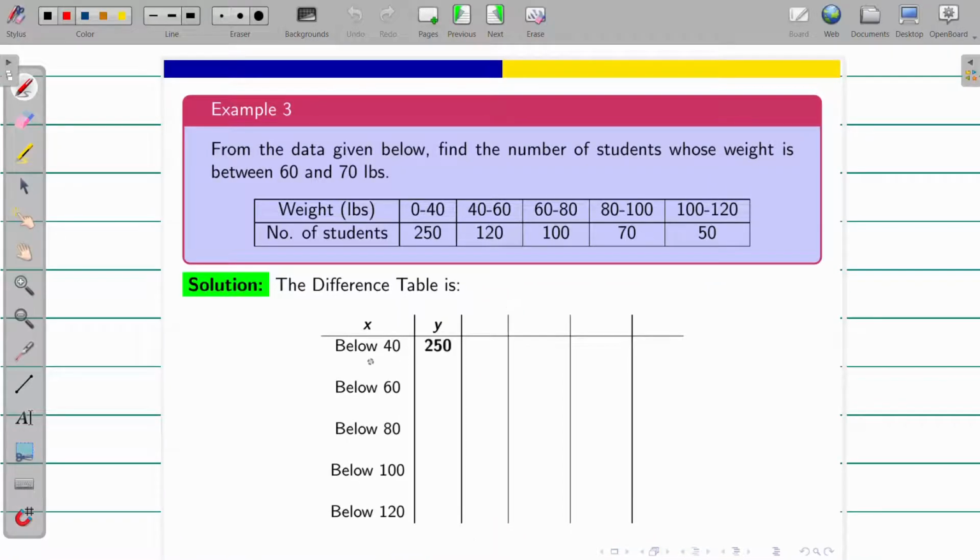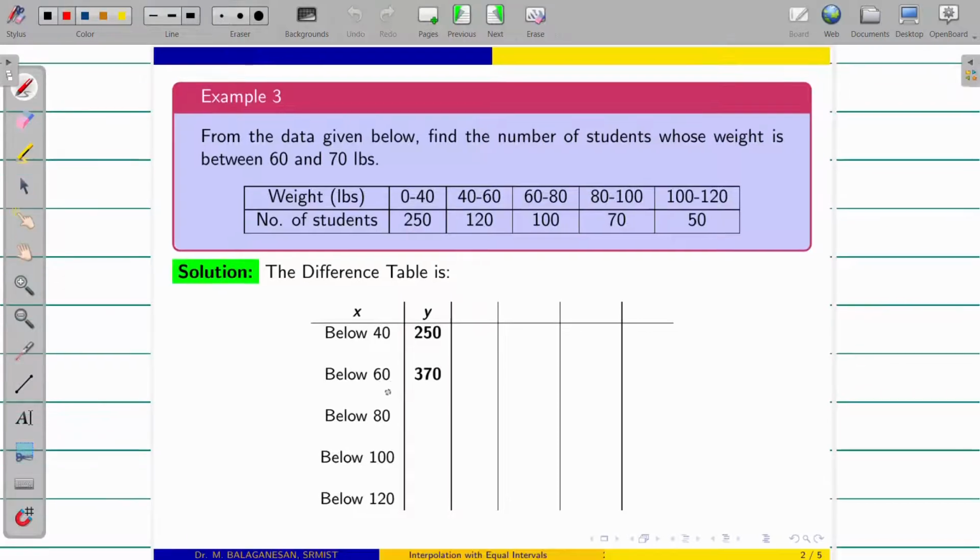So below 40 is 250. If you want to find below 60, it includes everything up to this, so it will be 250 plus 120, which is 370.